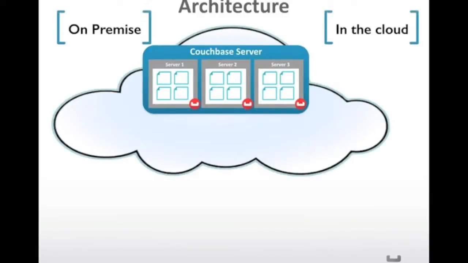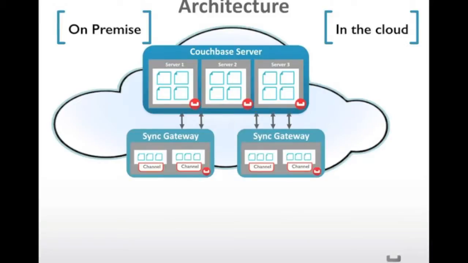And then just to take more of a machine view of it, this is that same picture. You've got Couchbase Server, which people deploy either in S3 or via hosted services like Couchbase, or on their own hardware. And Sync Gateway, which is meant to be accessible over the web.